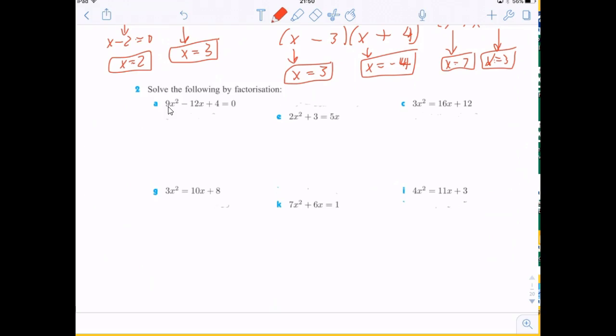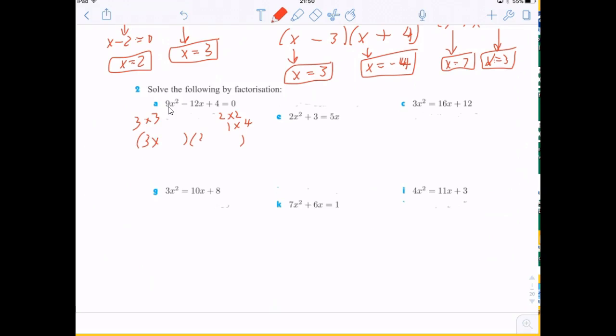Usually they're not going to use 1 and 9. Okay. It's a book problem. So usually it's going to be 3 times 3, right? The factors of 4 are going to be 2 times 2 or 1 times 4, right? Probably 2 times 2.